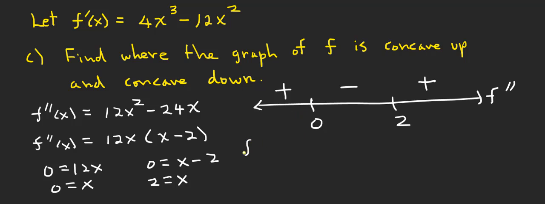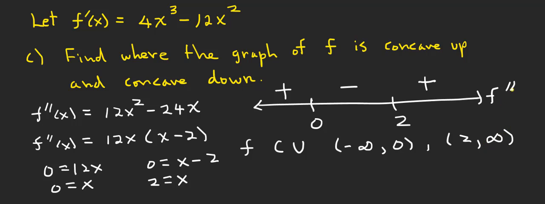So when is f concave up? It's concave up. Now, I'm just using CU, but make sure you write it out. f is concave up on the interval from negative infinity to 0 and 2 to infinity. Now, what will be your justification?